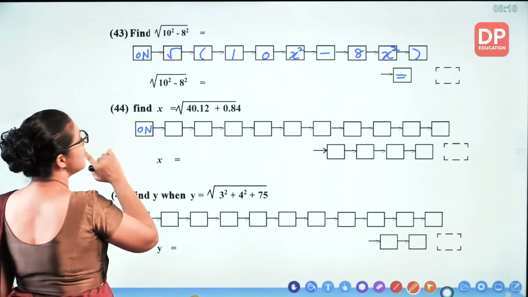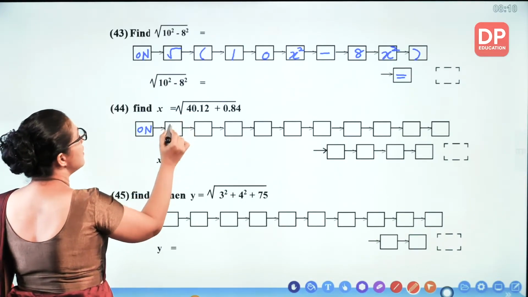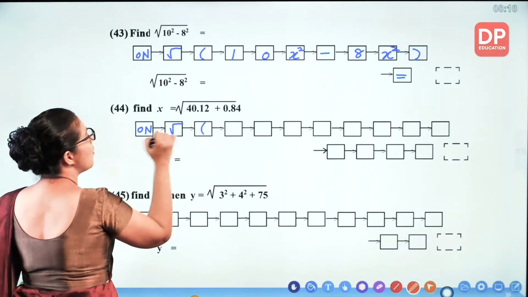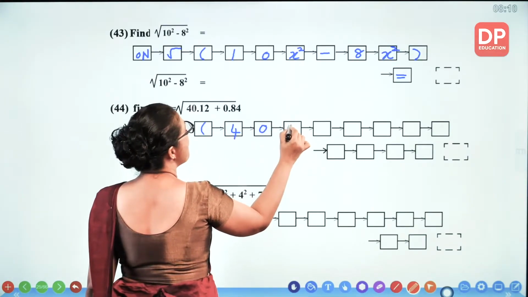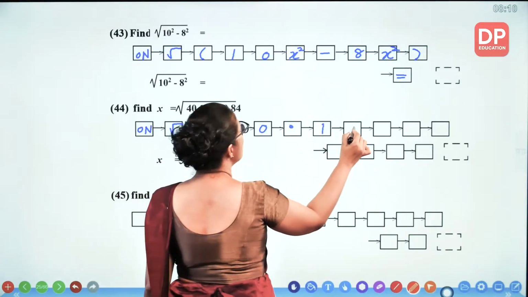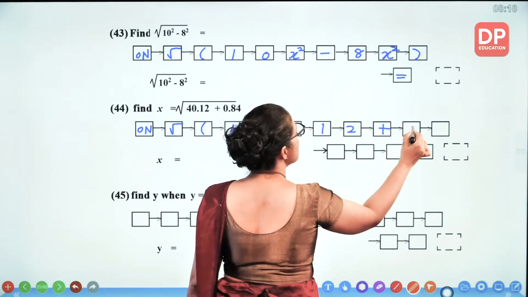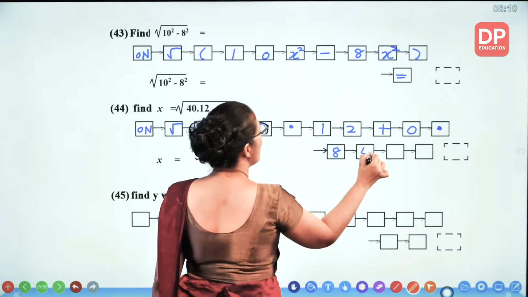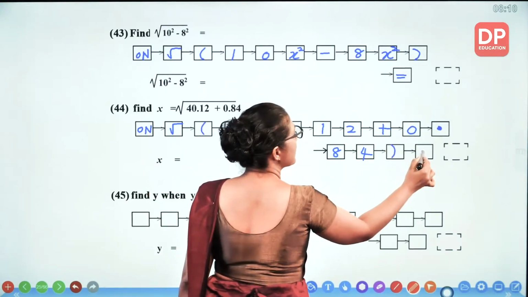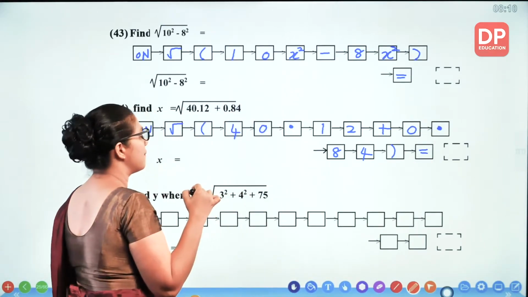Switch on and here square root sign, then open a bracket, 40.12 plus 0.84, close brackets and equal sign.